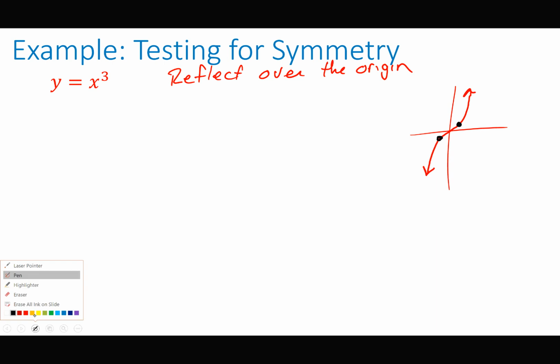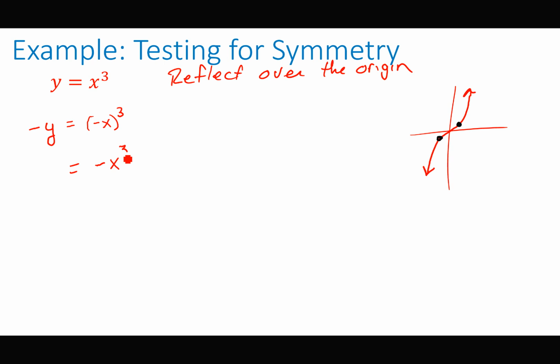So what my rule tells me is that I should be able to put a negative x in here, and that will be a negative x cubed, if that holds true. If I take a negative number and cube it, do I get a negative or a positive number as an output? Negative. So this negative x cubed stays as negative x cubed, and I'll drop the parentheses.